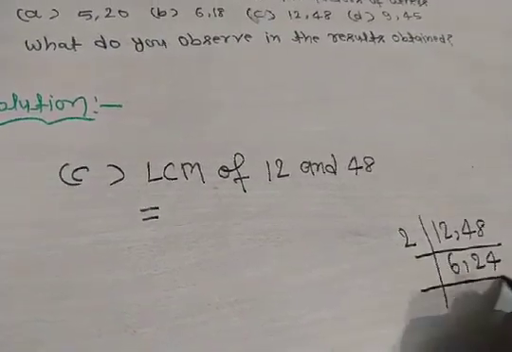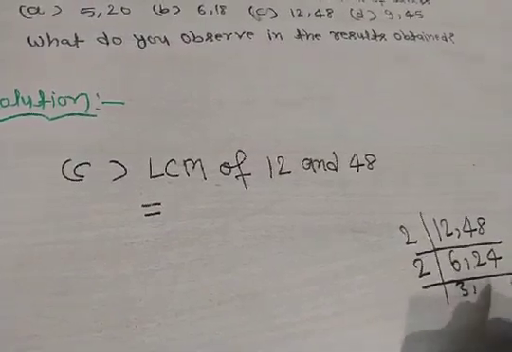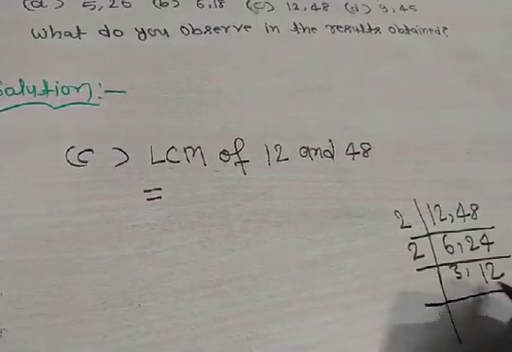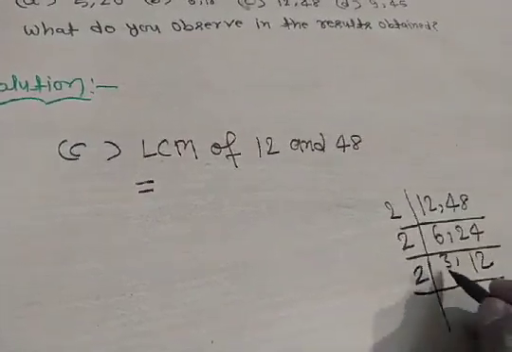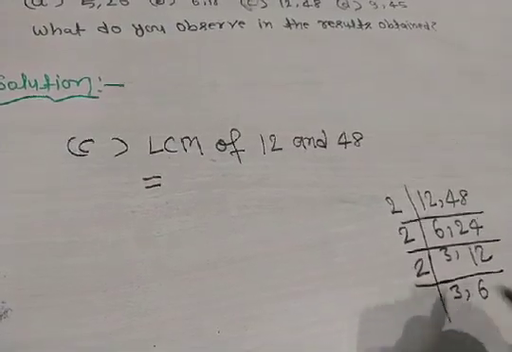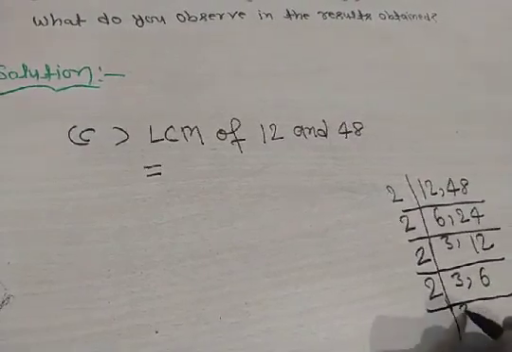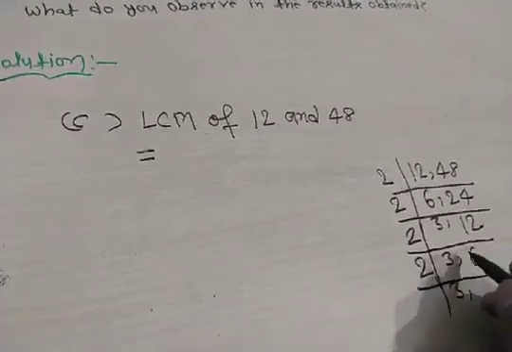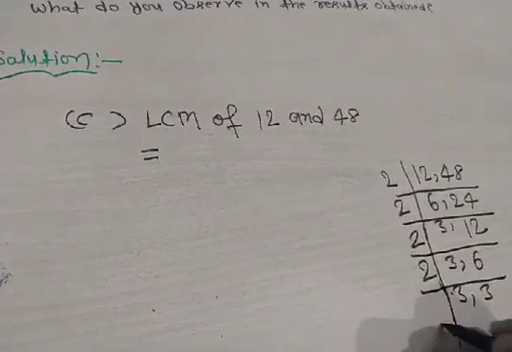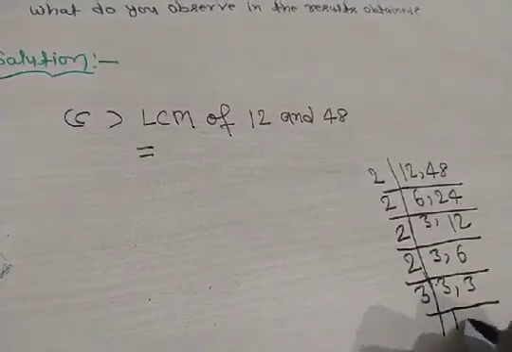Now again 2 divides 6 three times and 24 twelve times. Now again we select 2. 2 does not divide 3, so we write 3 as it is, but 2 divides 12 six times. Again 2, we write 3 as it is, 2 divides 6 three times. Now the next prime number is 3. 3 ones are 3, 3 ones are 3.